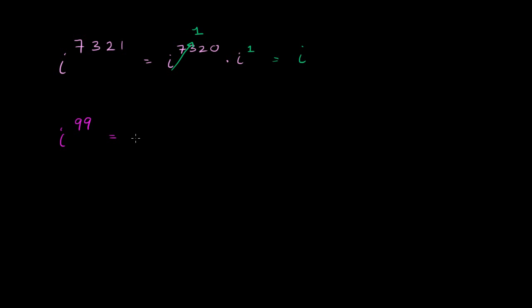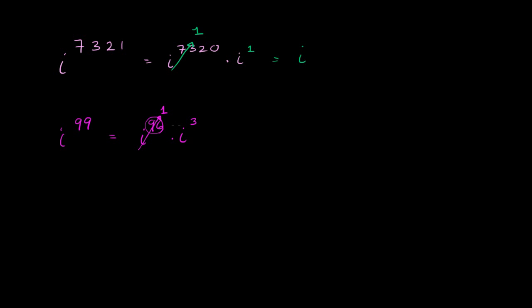So this is the same thing as i to the 96th power times i to the third power. If you multiply these, same base, add the exponents, you would get i to the 99th power. i to the 96th power, since this is a multiple of 4, is i to the 4th, and then that to the 24th power. So that's just 1 to the 24th, so this is just 1. And then you're just left with i to the third power.